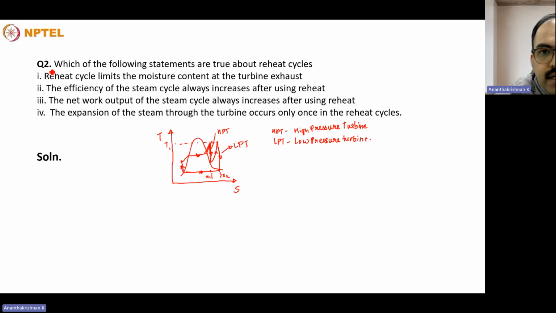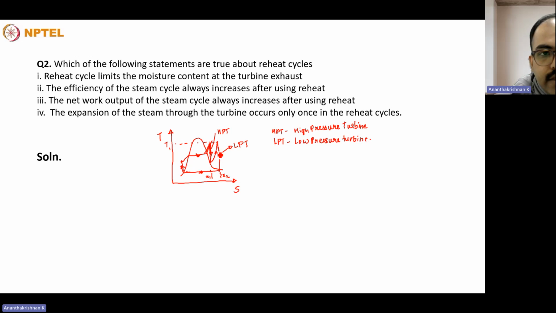So making sure that the condensation doesn't happen in majority of the turbine.